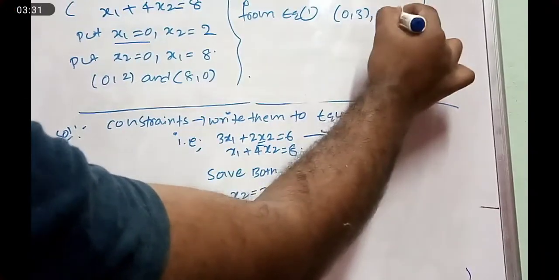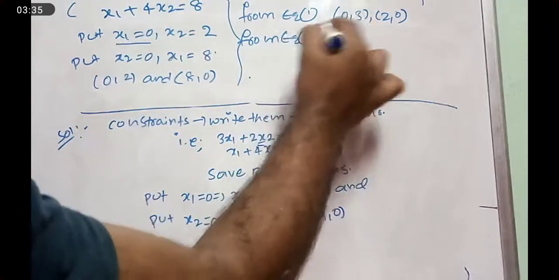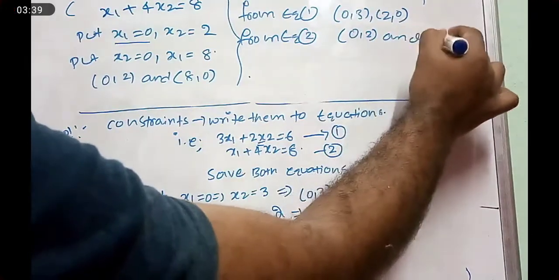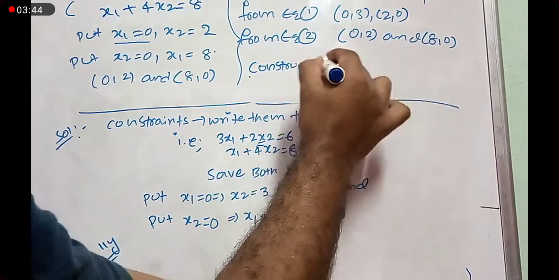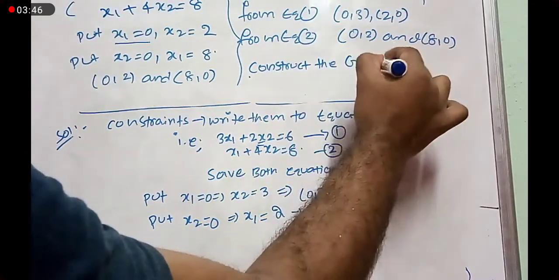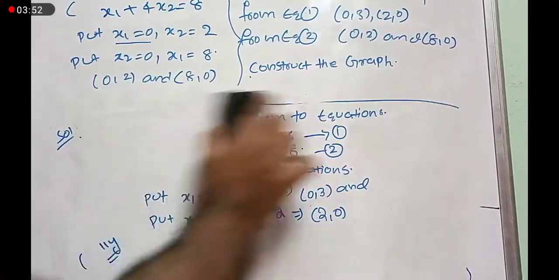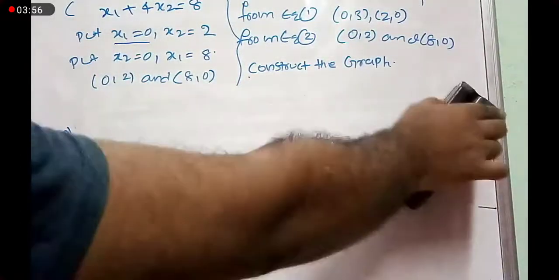From equation 1 we have 0, 3 and 2, 0, and from equation 2 we have 0, 2 and 8, 0. Let us construct the graph using these coordinates.